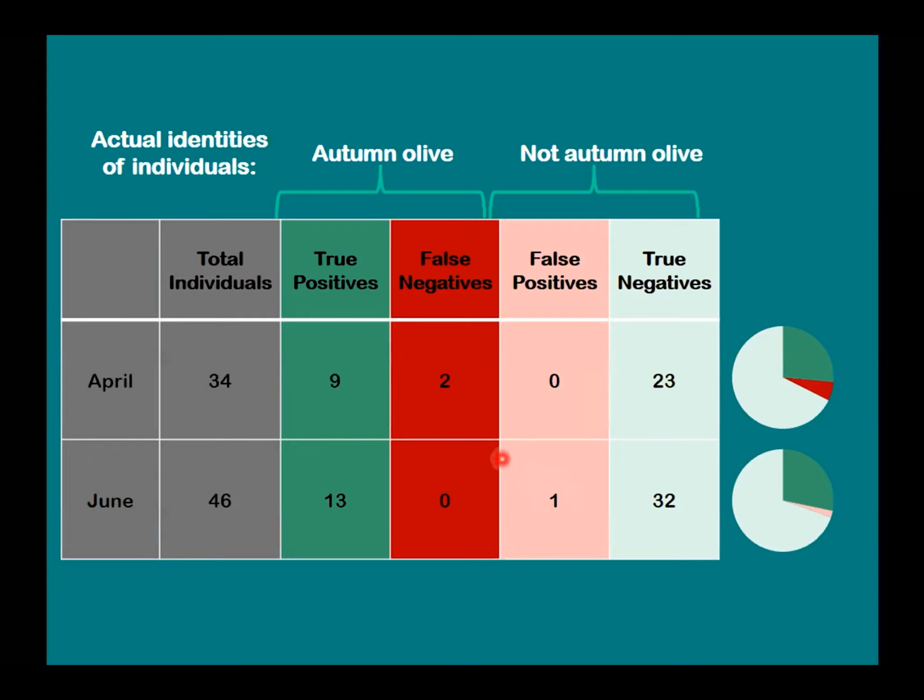And then 1 false positive in April, where we identified a species as being autumn olive, and it was not. So reasonably well. Most of what we found were true positives and true negatives.